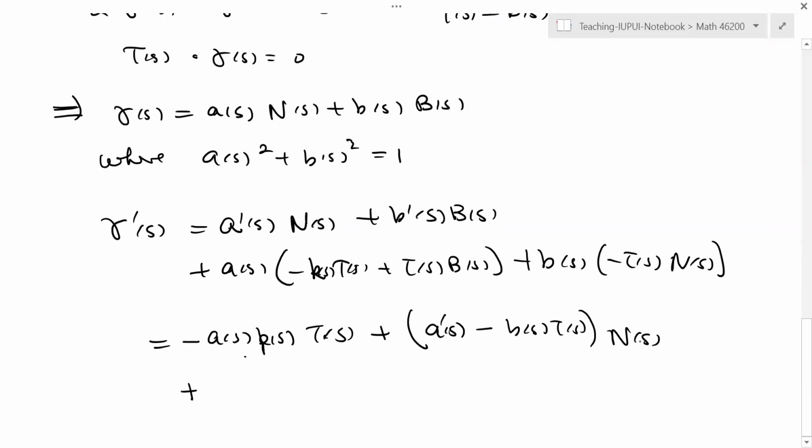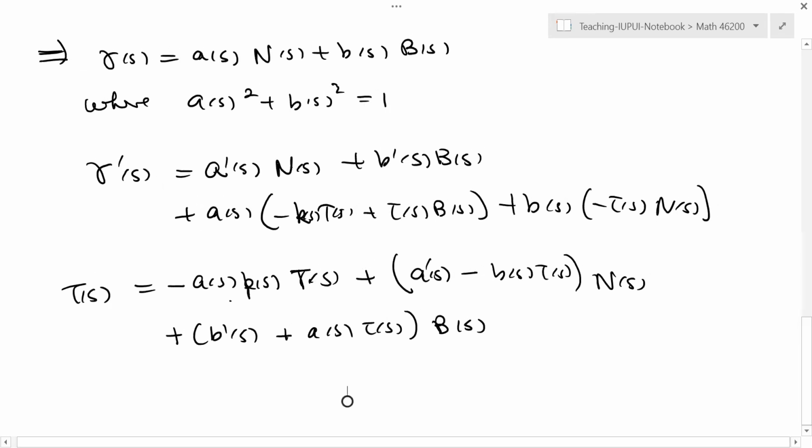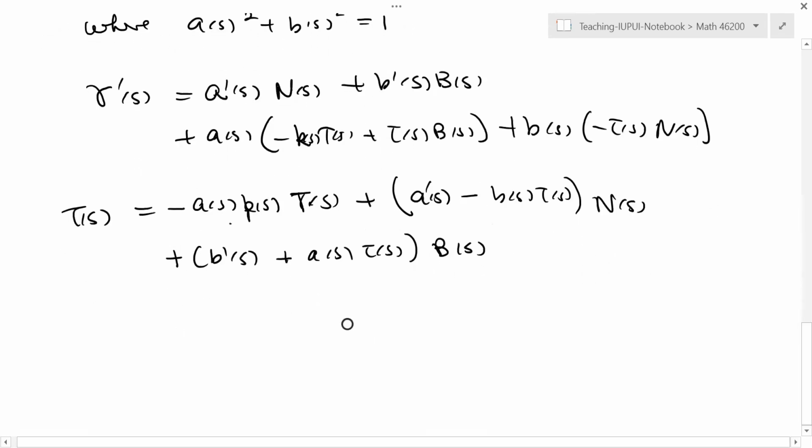And how about the B? b prime(s) plus a(s)τ(s). All right, but if you compare both sides, this is just T(s), because the derivative is a tangent vector. And then T, N and B are linearly independent. So this implies 1 equals negative a(s)k(s). And then you also have these two.